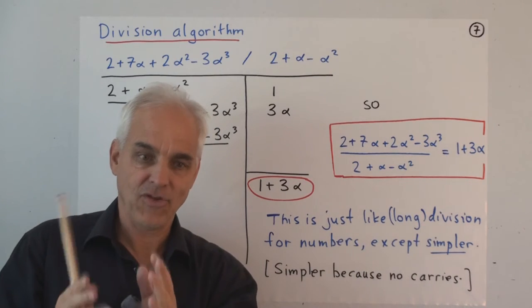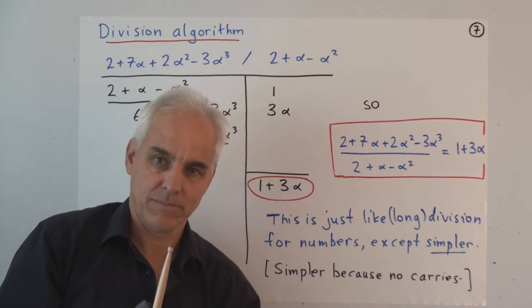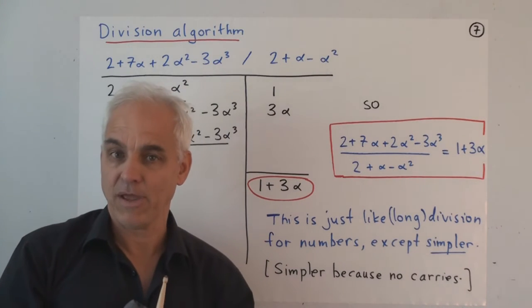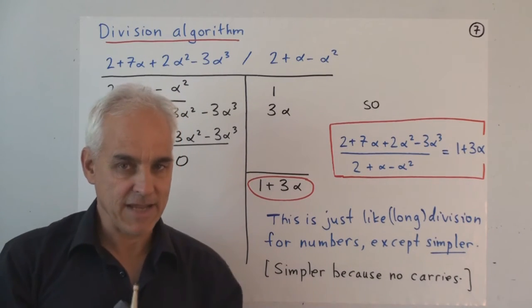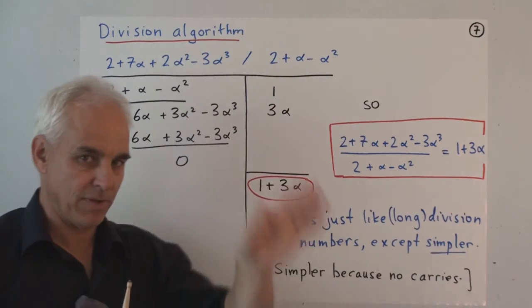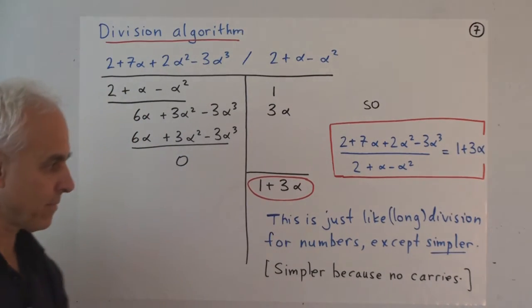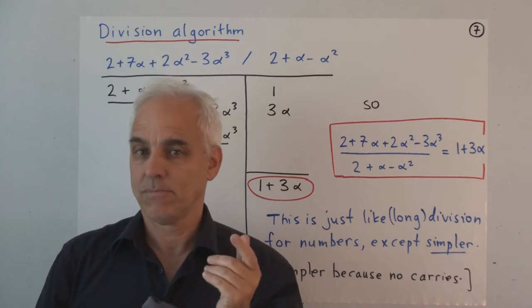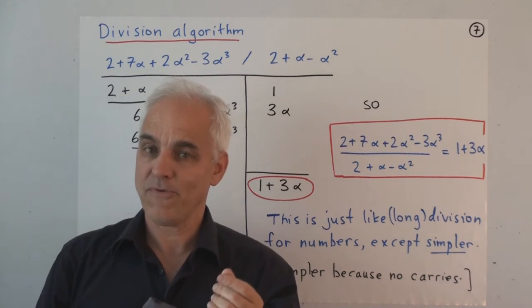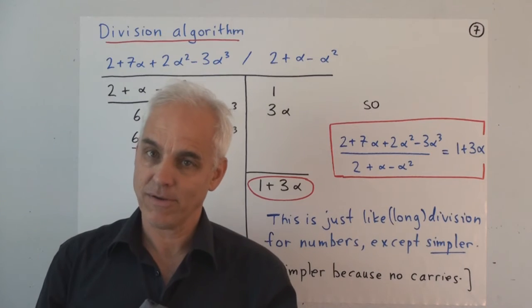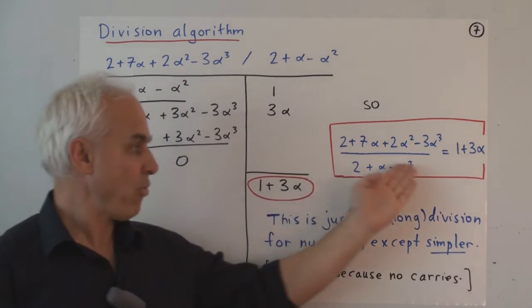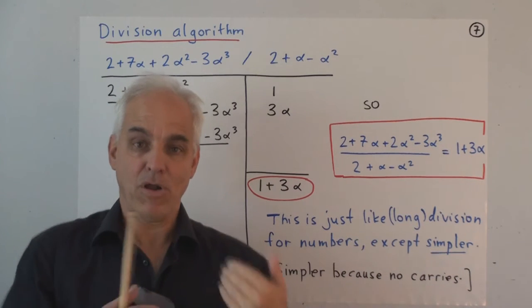So the tens contribute to the hundreds column. And that kind of carrying can become quite complicated. Here, nothing like that is happening. Every column stays just within itself. But you can see now why the long division process or algorithm for ordinary numbers is important. It's important because it's setting up this important algorithm for doing polynomial division.